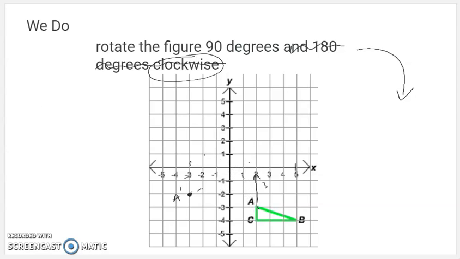So then B, same deal, I'll change to maybe blue. So B, to get to the origin, I've got to go up 4 and over 5. So for the new point B, I'm going to go over 4 and down 5. And when I do that, I'll end up right there, B prime.